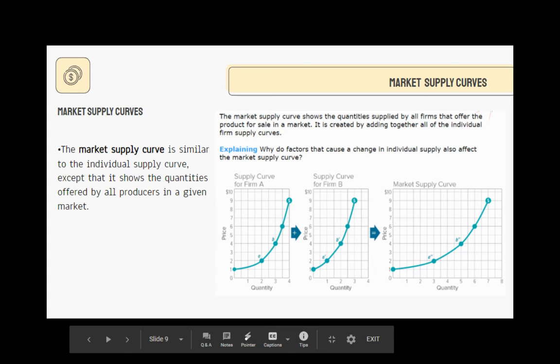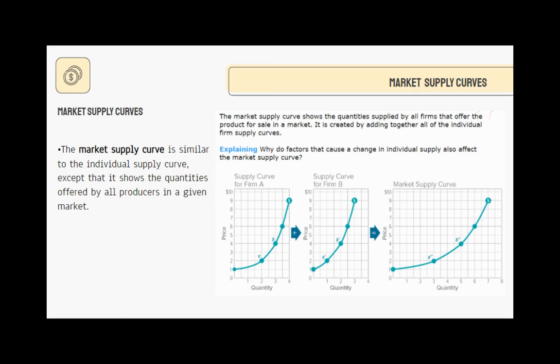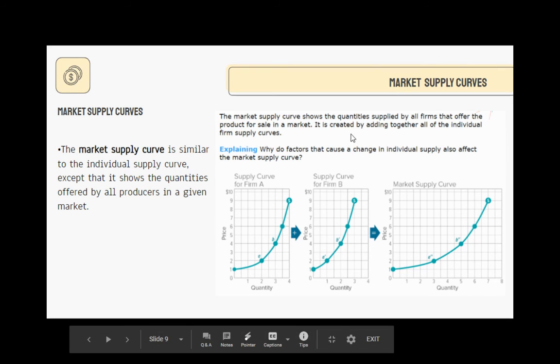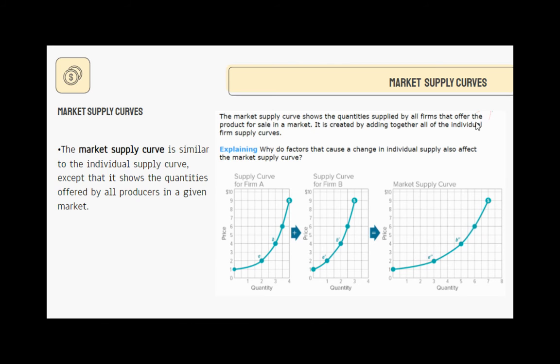Okay, market supply. Remember, the last one we looked at was individuals. Market supply takes in everything. So when you're looking at the market for something, you're looking at every single product in the market right now and what the prices are, and they combine it all together and get this market supply curve. The market curve shows the quantity supplied by all firms that offer the product for sale in a market.